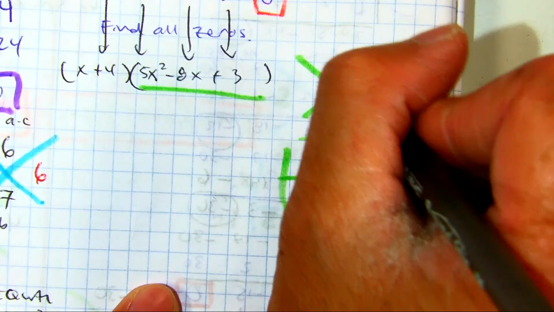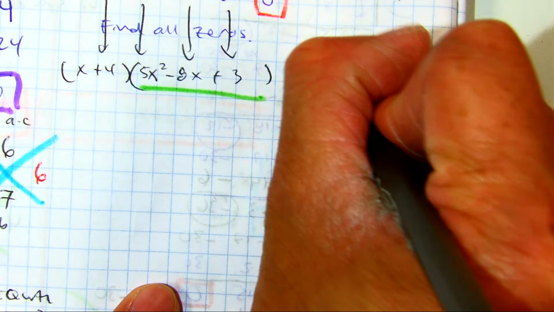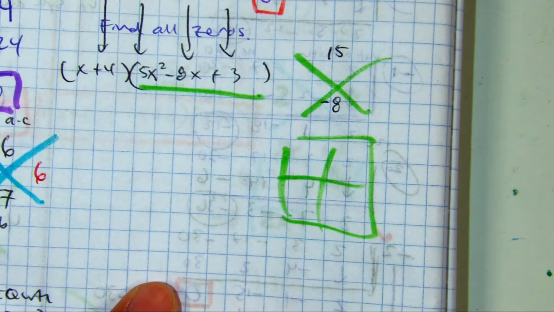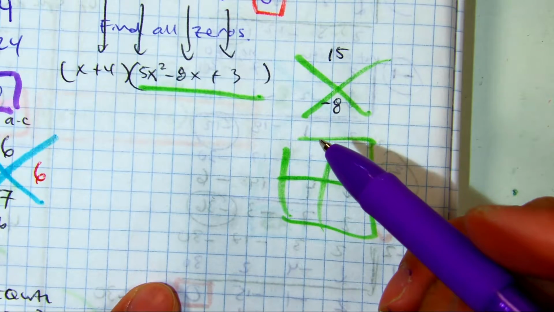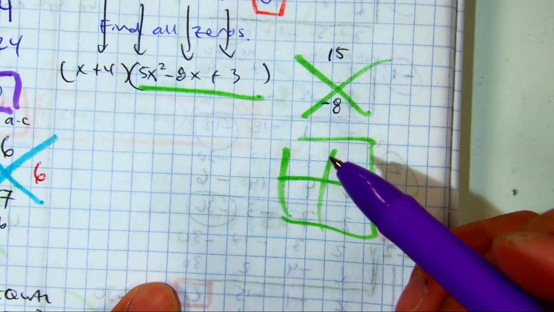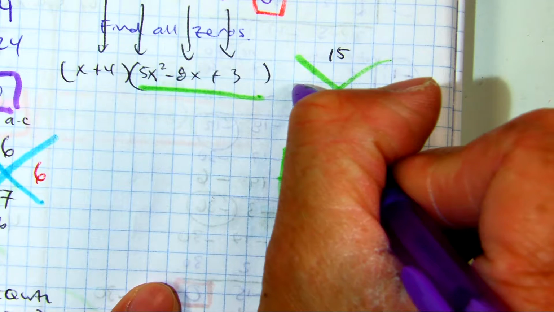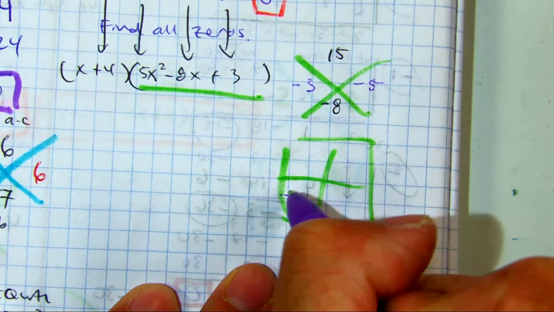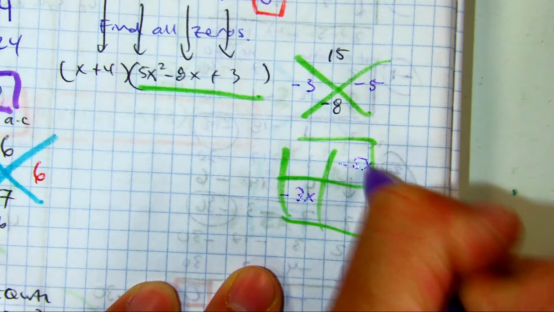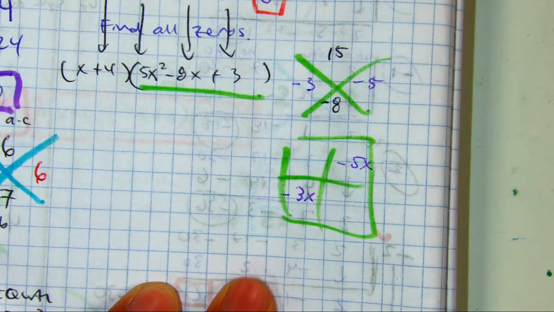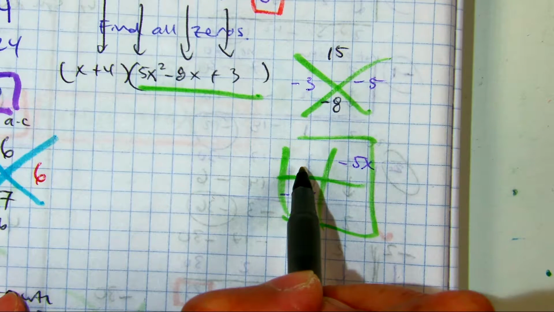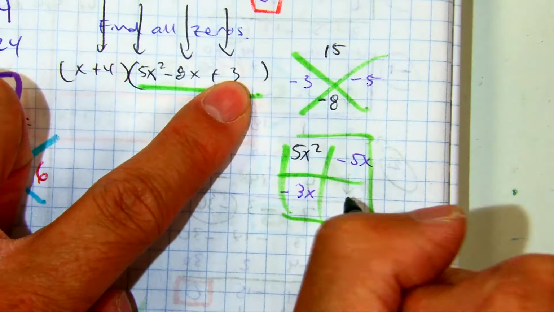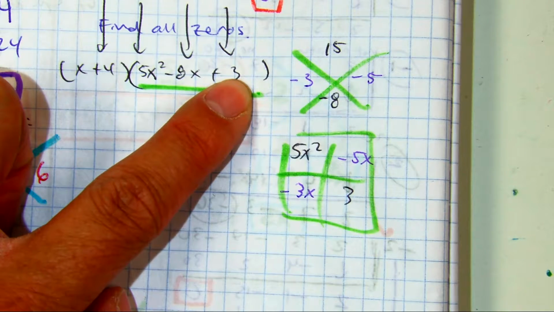B value? Two numbers. So I have negative 3x, negative 5x. Fill out the rest of the inside, Alonzo. Alonzo, help us get stuff on the outside.